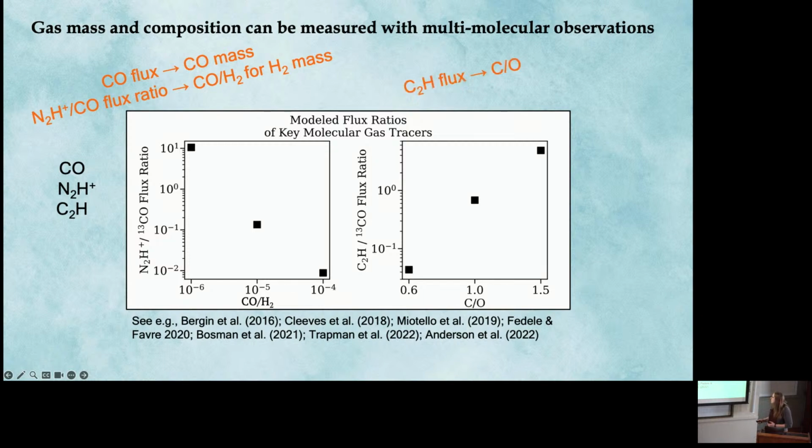In addition, another popular tracer is C2H, which is sensitive to the C to O ratio, which is also an elemental ratio that we can measure in exoplanet atmospheres to allow for that comparison. You can see here is just one example of a model showing the sensitivity of the N2H+ to CO flux ratio to the CO depletion, and the C2H to 13CO flux ratio being sensitive to the C to O ratio input in the model.